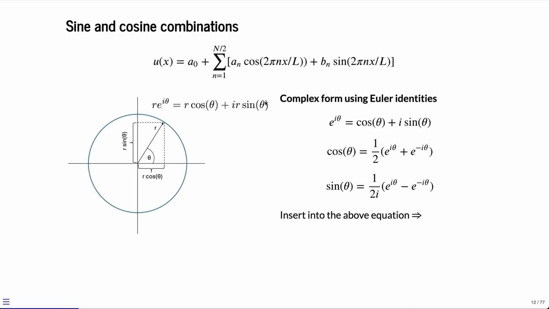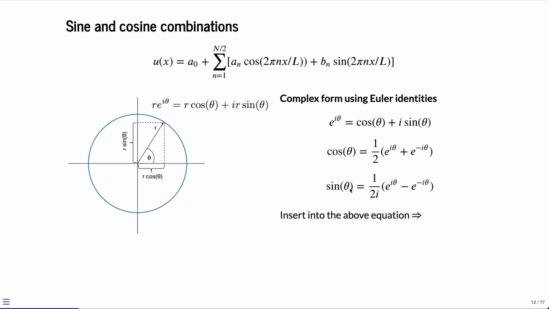Now we can relate these further. We're going to take this equation here and relate it to the Fourier modes, e to the 2 pi i nx over L, and we can do that using the Euler identity. Again, e to the i theta is cosine theta plus i sine theta, and we can write cosine theta equals 1/2 e to the i theta plus e to the minus i theta, and we've done this so that the imaginary parts cancel.